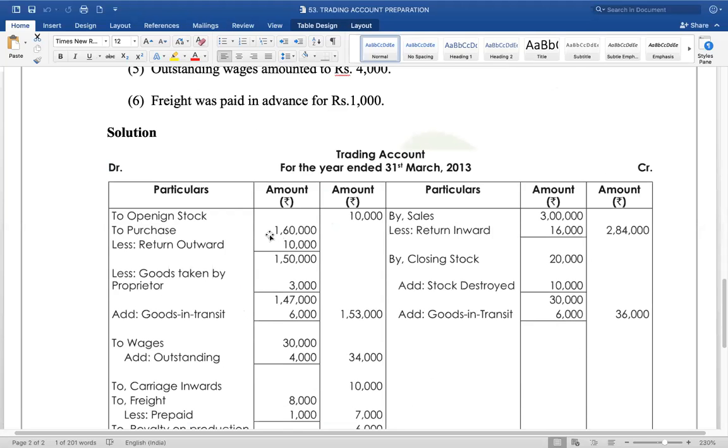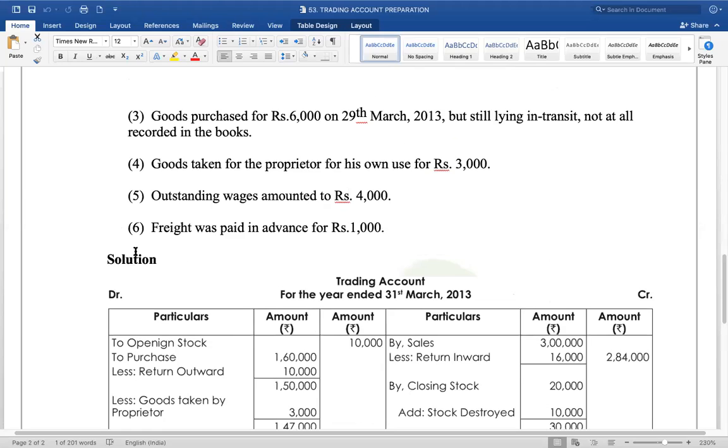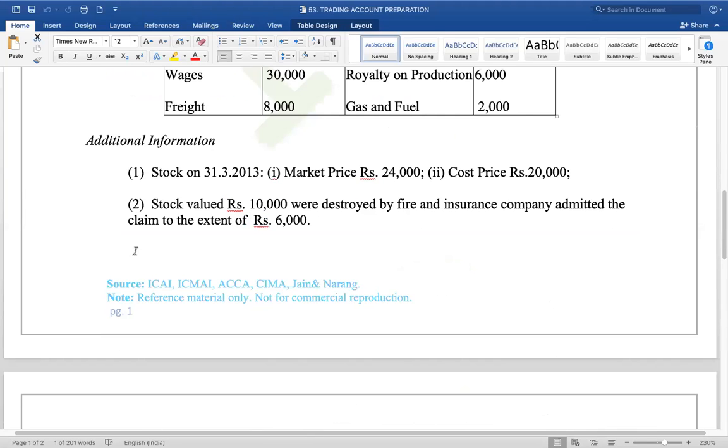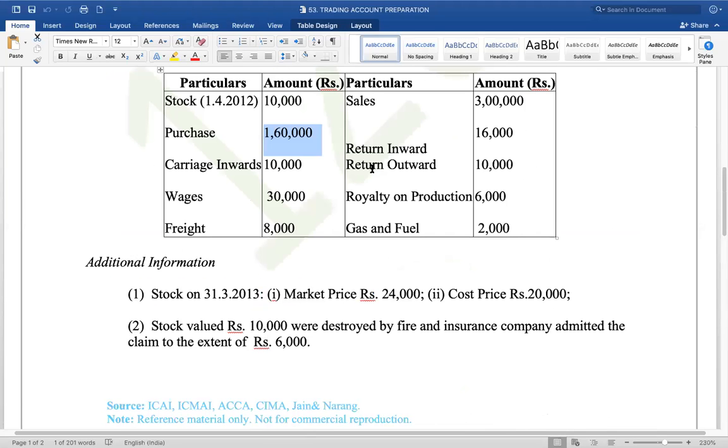Because there are returns, we will take this in the inner column, 1,60,000. Less returns, 10,000. Where do you get this 10,000 from? Purchase returns. Returns outward means you bought the material; when you're returning it back, you're sending it out.